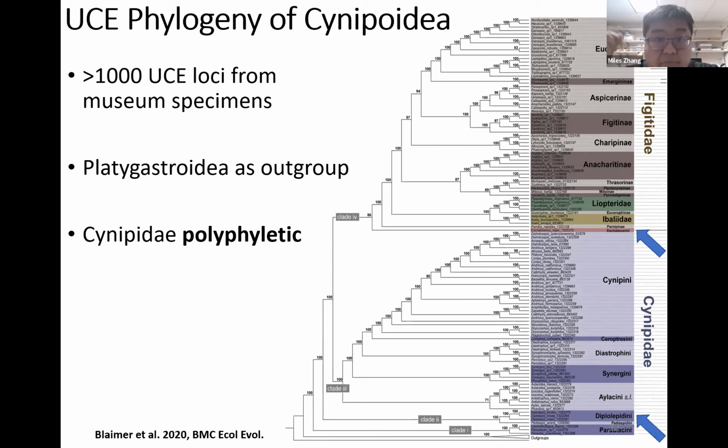Some are more closely related to other families. Some are basically basal to all of cynipoids, which means they're more distantly related than all of the other cynipids. And this actually includes the rose gall wasp, which I spent a lot of time studying. So this is really interesting, which means that gall induction has evolved multiple times.